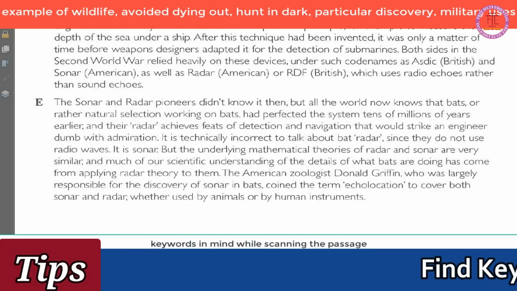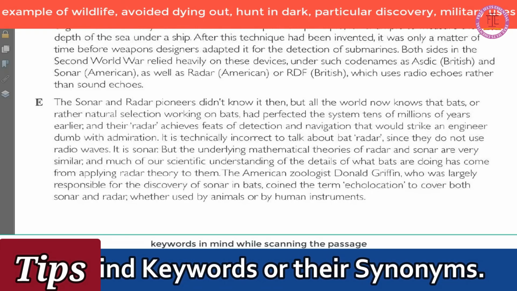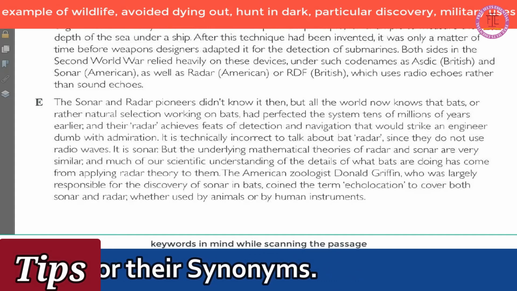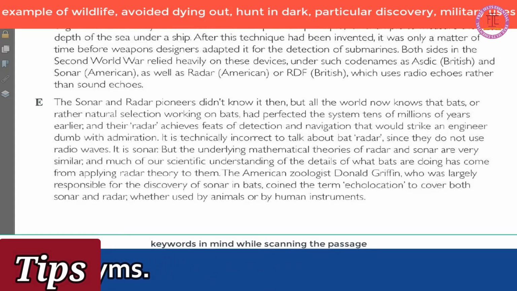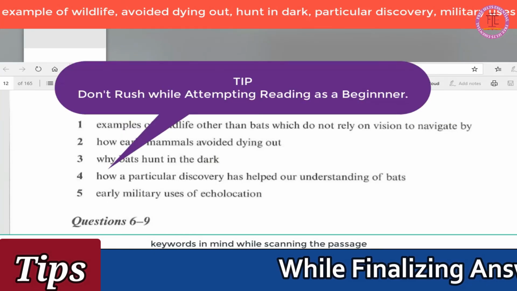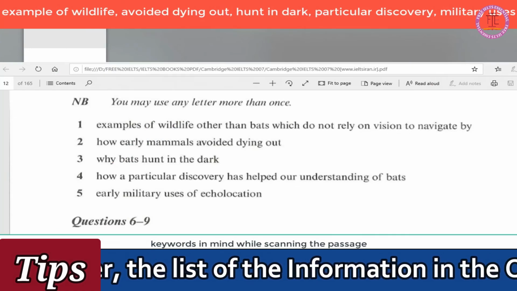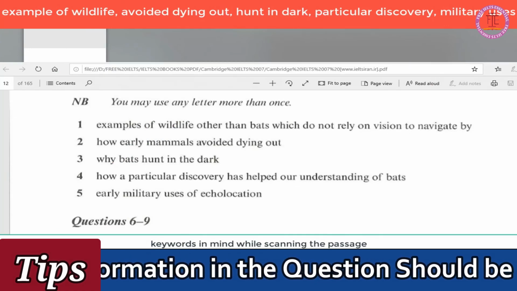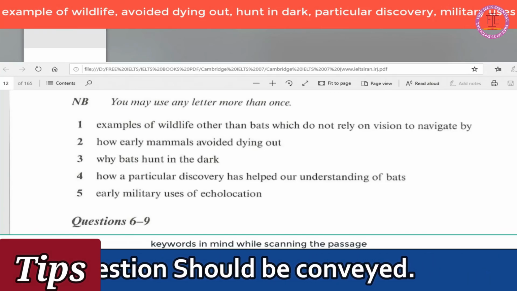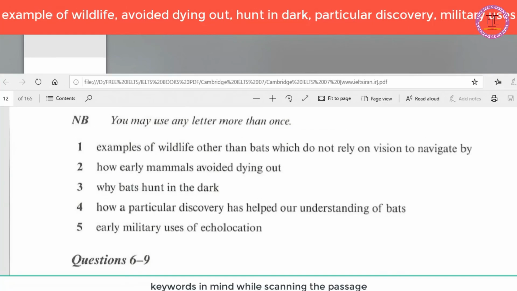When you are a beginner, don't try to rush, never try to hasten, rather just take too much time. But with the passage of time, when you learn the art of attempting the question type, I can be certain that while using this kind of technique, you can easily find the information from the passage. But you have to be very careful about it. You should be very meticulous about it.